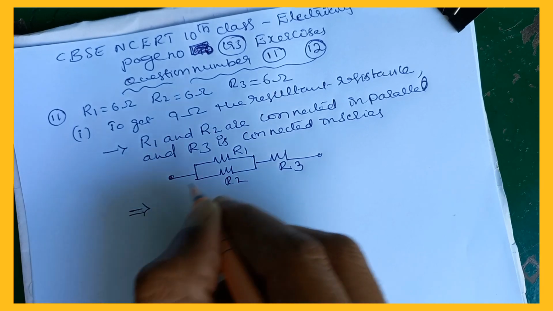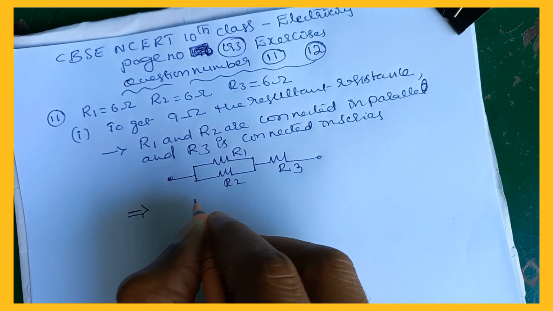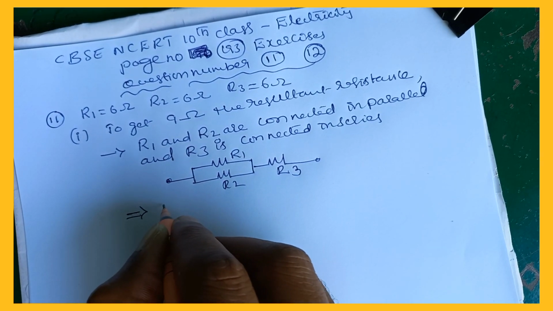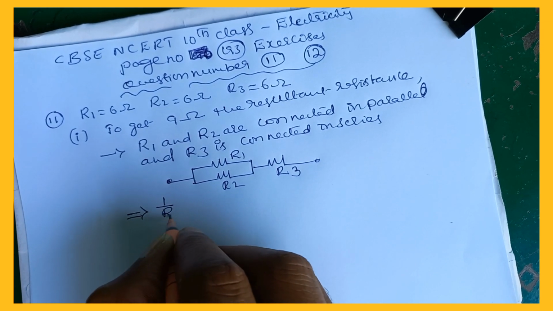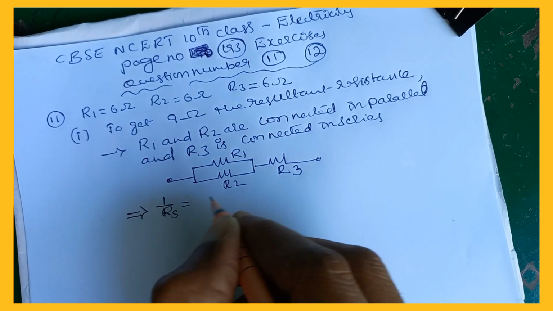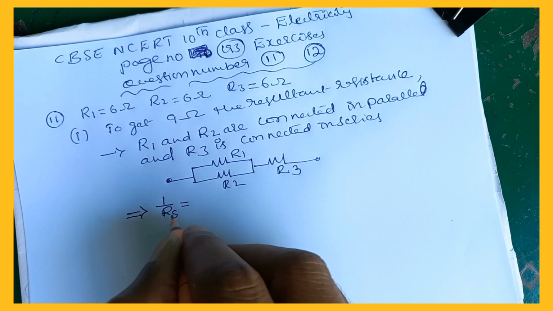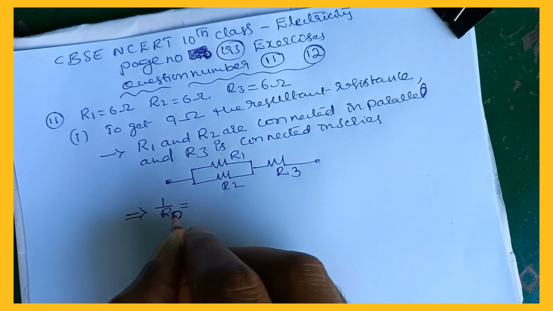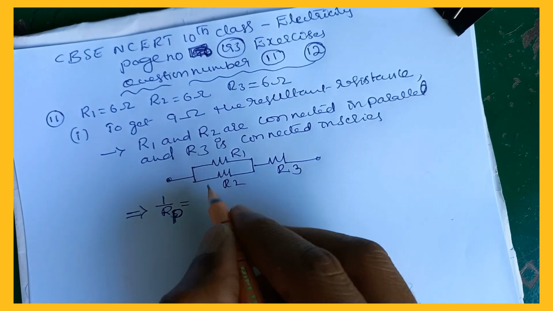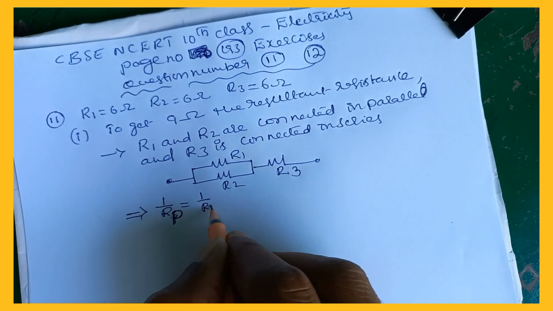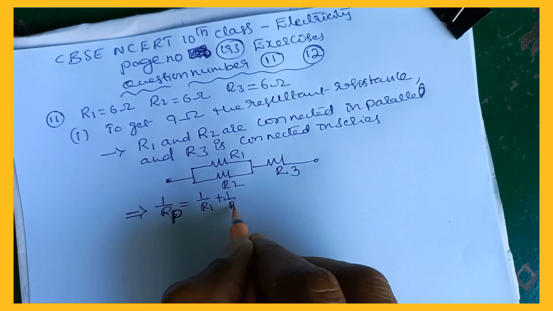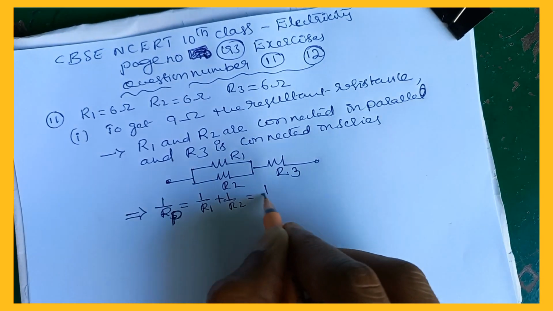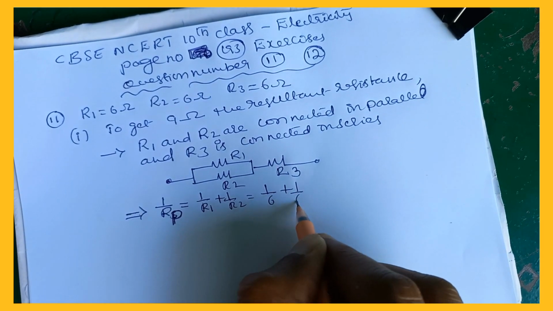In the parallel combination, total resistance 1 by Rp is equal to 1 by R1 plus 1 by R2. R1 is 6, R2 is 6.